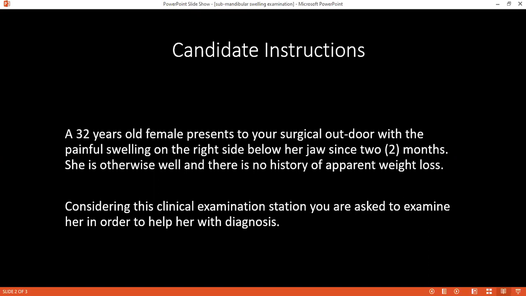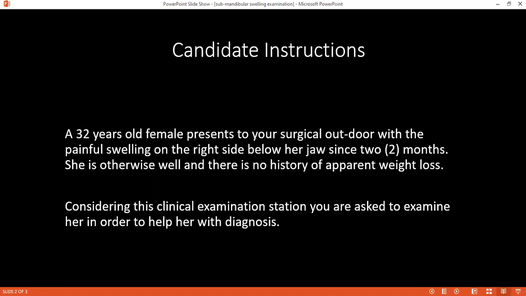Hello, I'm one of the exam candidates. May I confirm your name and age, please? Gina, 32 years old. Nice to meet you, Gina. Today I have been asked to examine the swelling in your neck, under the jaw. This will involve looking at and feeling your swelling, and also examining the various glands in your neck.